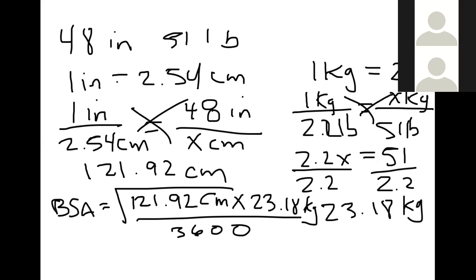Okay, so let's put that in the calculator. Times 23.18 divided by 3,600. And we take the square root of that. We get 0.886, and we're rounding to the hundredths.